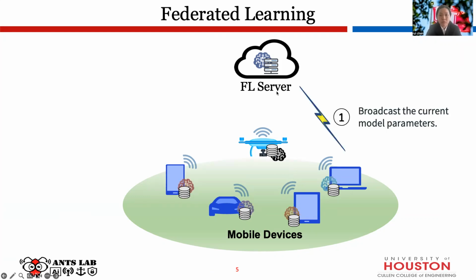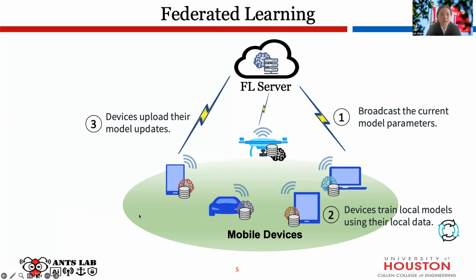First, the server will broadcast the model parameters to the clients. The clients that receive the model perform local training based on their local data sets. After the local training, they send the model updates to the server for further aggregation. And the steps are repeated until the global model has converged.